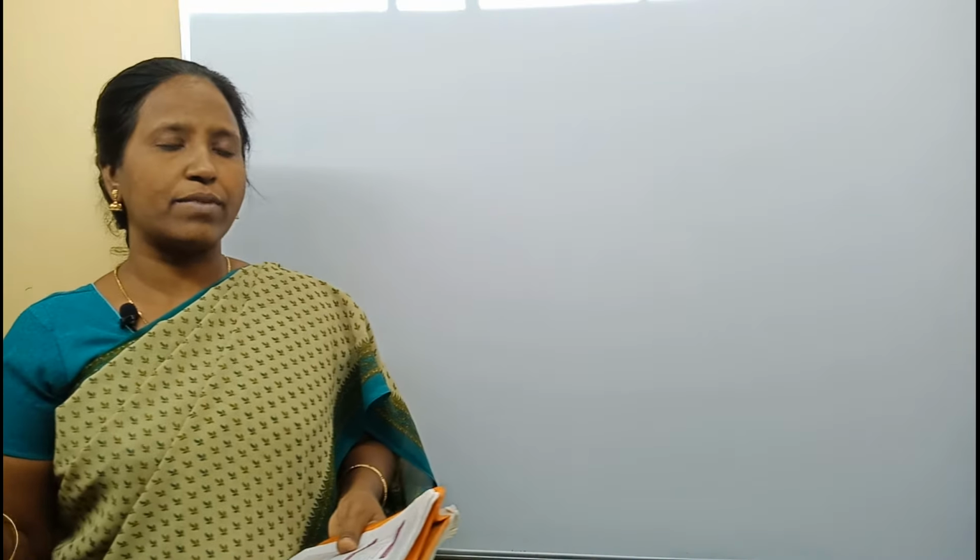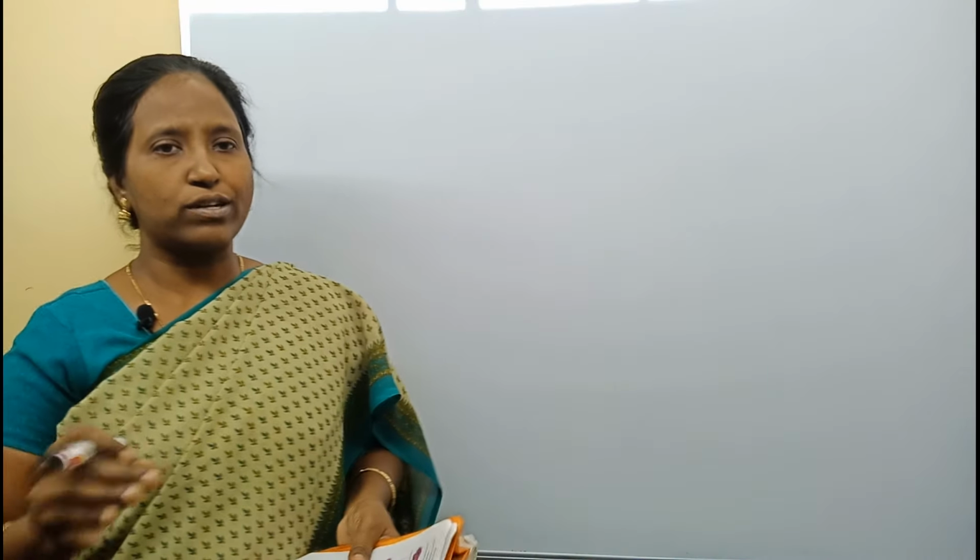So the task given to us is to observe any 5 families in our neighborhood, and draw conclusions regarding the advantages and disadvantages of living in a joint family or a nuclear family. That is, the families that live beside us may be joint families or nuclear families. We have to just observe and then draw conclusions. Okay, so this is the project given to us.